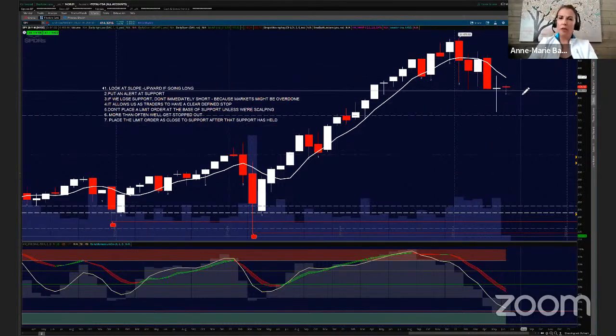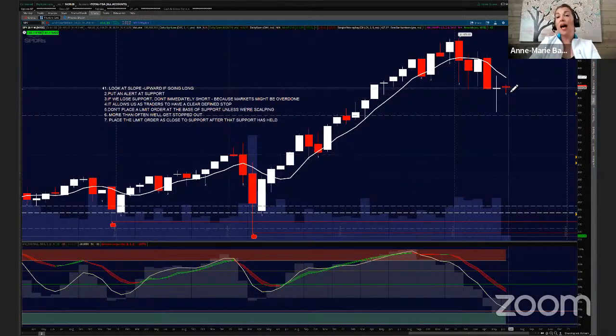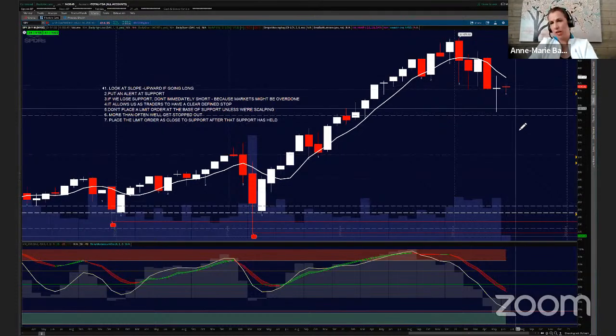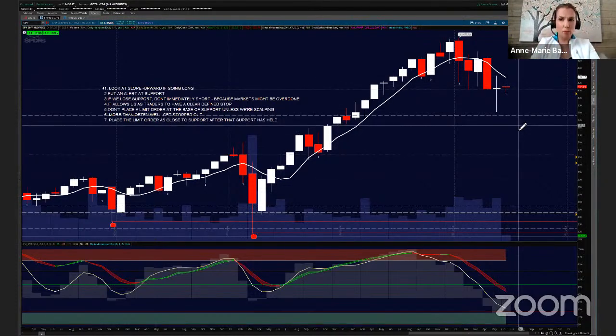So in the wonky language of market action, it means that supply is plentiful, and the buyers simply cannot eat all of it up. They just are saying, you know what, I can push up so far, but then supply becomes overwhelming and they push things down, right? More supply means prices go down.